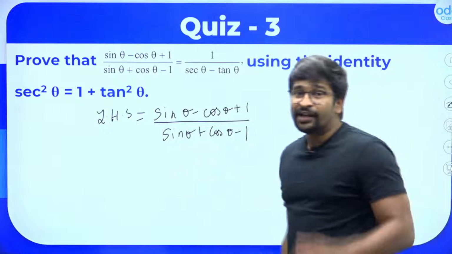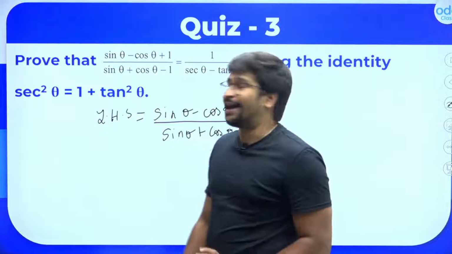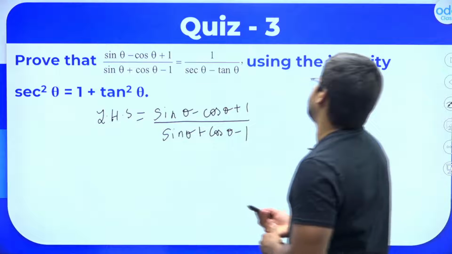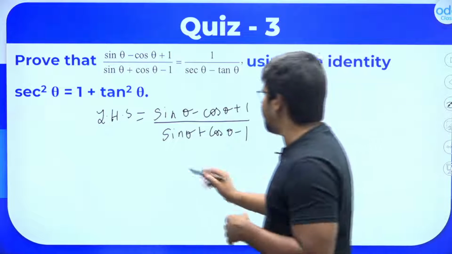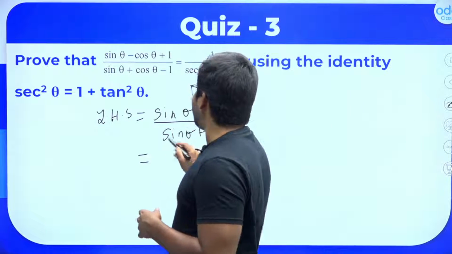Let us divide numerator and denominator by cos theta here. So what happens to sin theta?